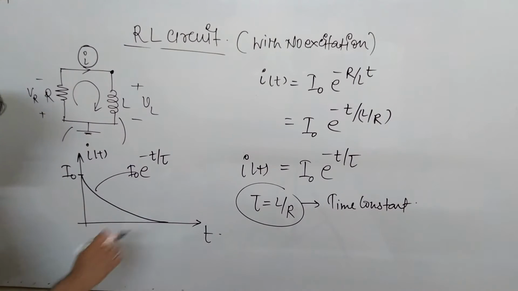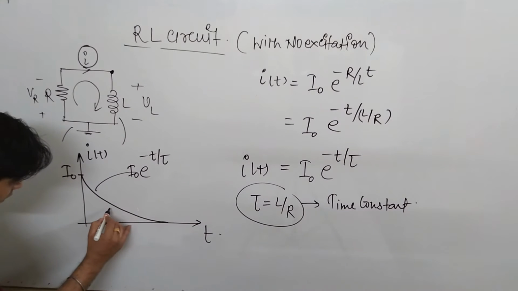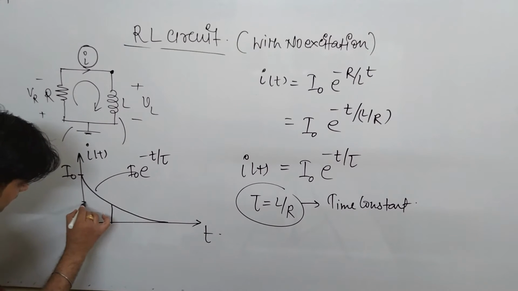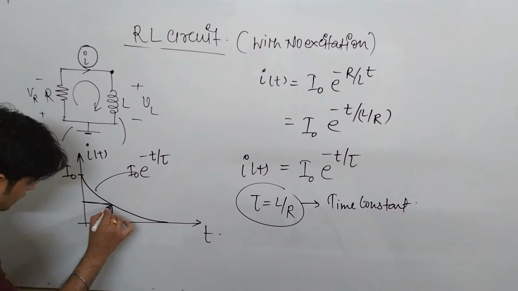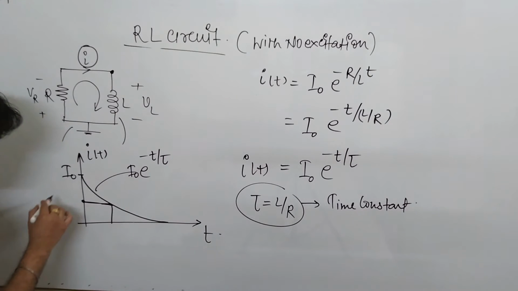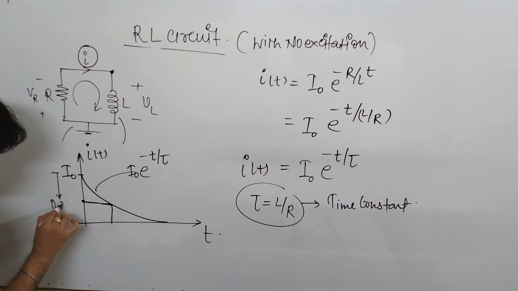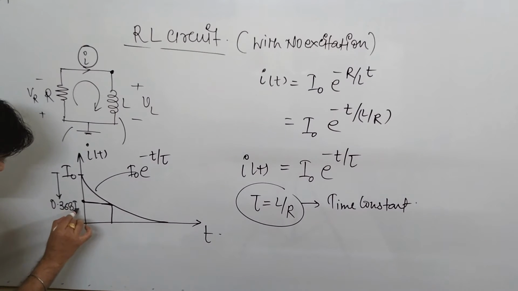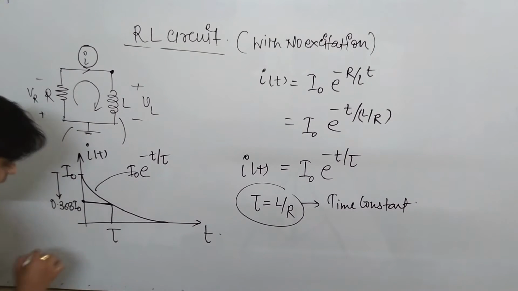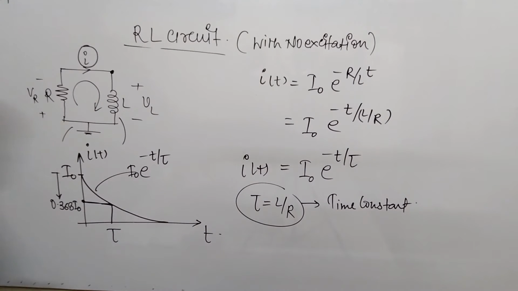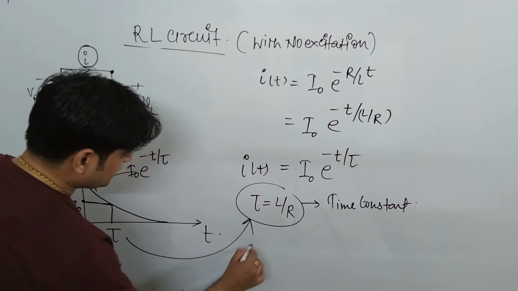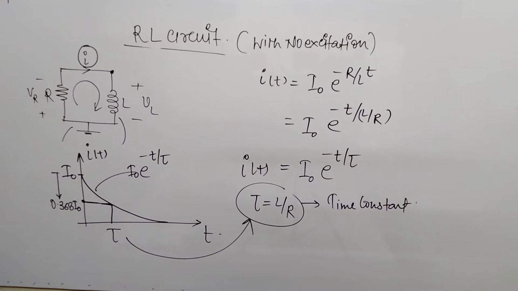So again with the same concept, the definition of time constant: if this value falls from I naught to 0.368 of I naught, the corresponding value of tau is known as the time constant of the circuit, and this is the value.